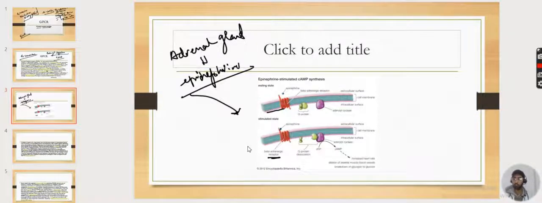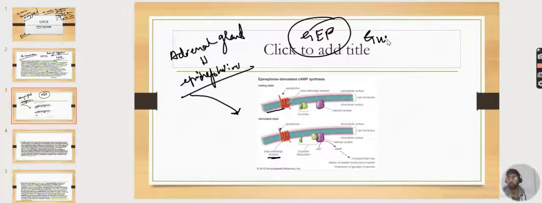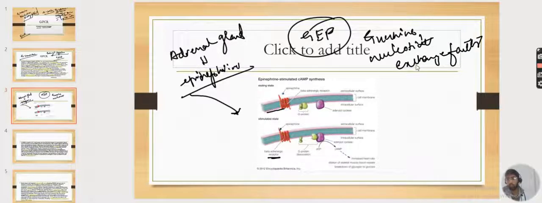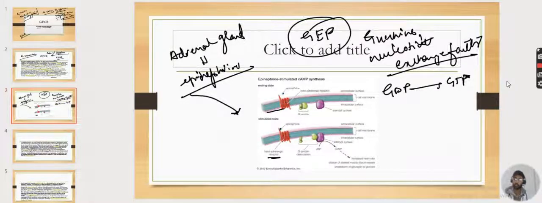As this epinephrine binds to the surface of the receptor, it would all of a sudden activate GEF, that is guanine nucleotide exchange factor. Fine. What it would do? It would convert GDP into GTP. Yes, into GTP.